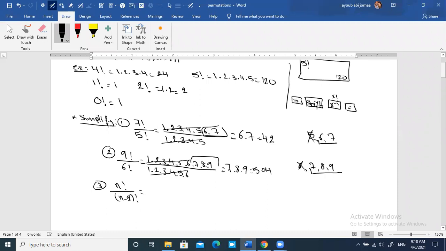N factorial is the product from 1 to n: 1 times 2 times 3 times ... times n minus 2, n minus 1, times n, over n minus 2 factorial, which is the product from 1 to n minus 2: 1 times 2 times 3 till n minus 2. Simplify 1 till n minus 2 with 1 till n minus 2, and then the answer will be n minus 1 times n.